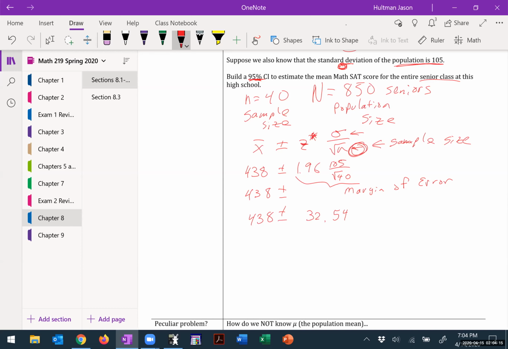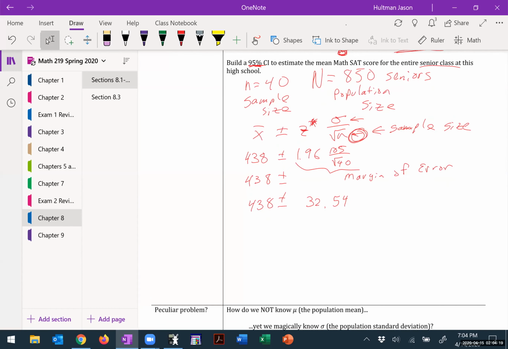So I want to add and subtract this. Let's do the minus first: 438 minus 32.54 is 405.46.